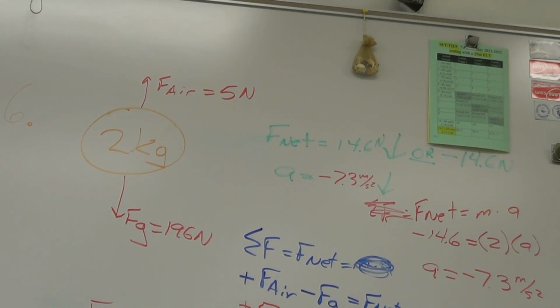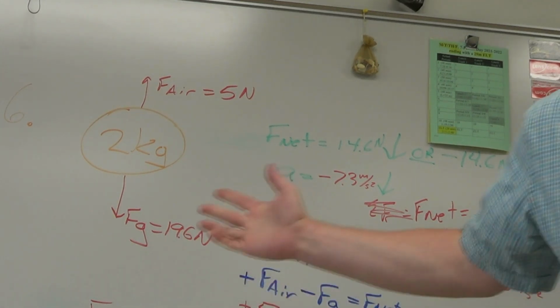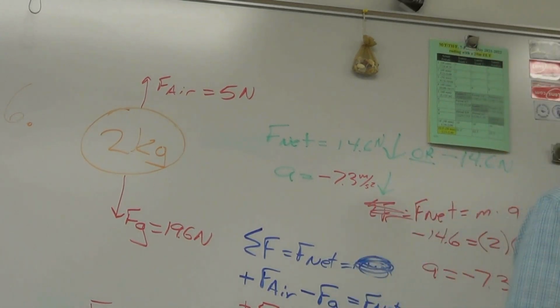We can't just say the air resistance is 10, because as you increase your speed, as you accelerate, your air resistance increases. So there's a special term that we use for air resistance in an object in free fall. If I were to jump out of a plane and I'm skydiving, at first, the air resistance is pretty negligible.